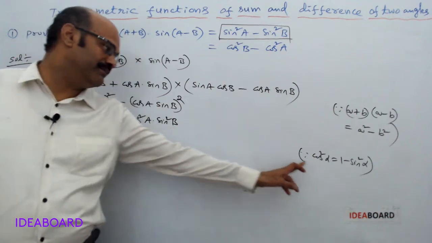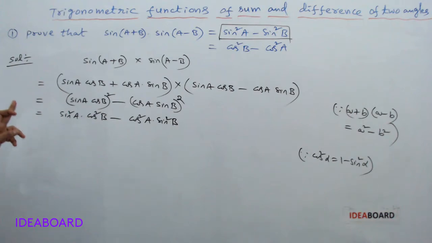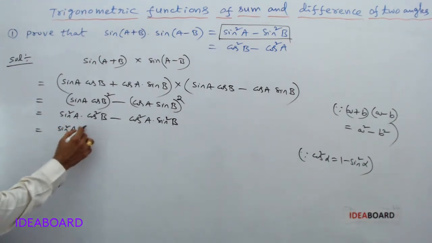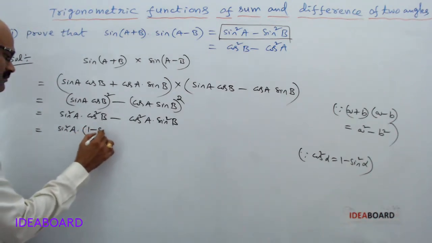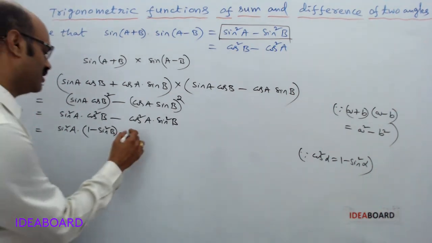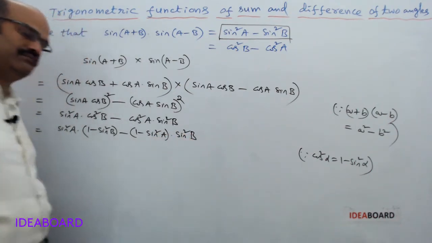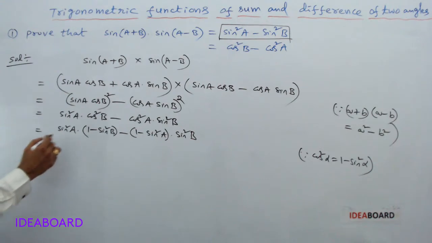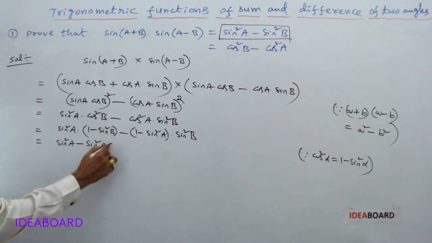So here cos² B can be taken as 1 minus sin² B, and cos² A as 1 minus sin² A: sin² A into (1 minus sin² B) minus (1 minus sin² A) into sin² B.